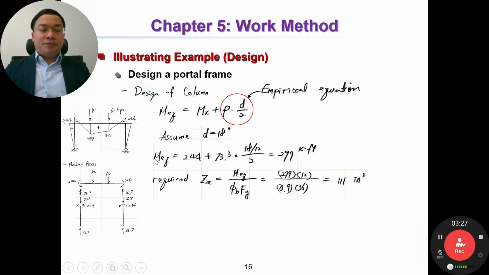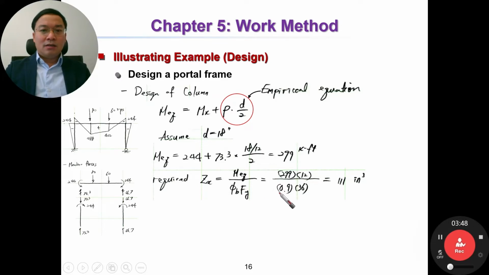Then beyond this requirement of plastic moment, we have the requirement of section modulus. Z equal to M divided by phi b and Fy.